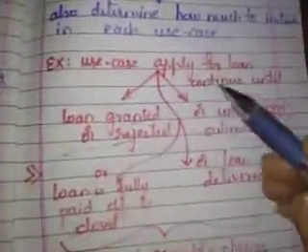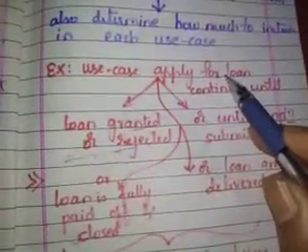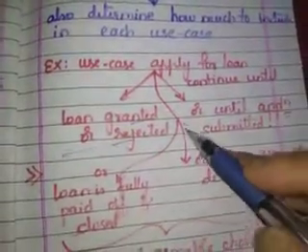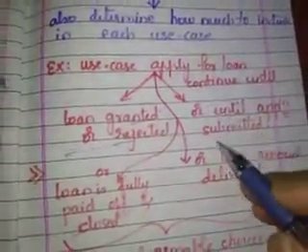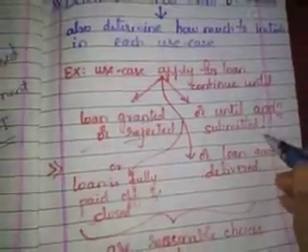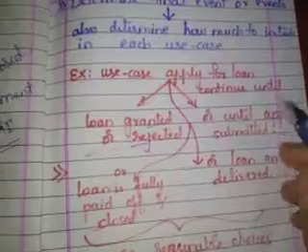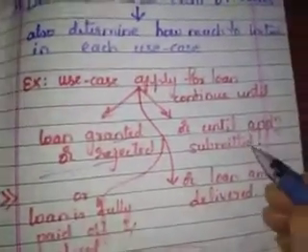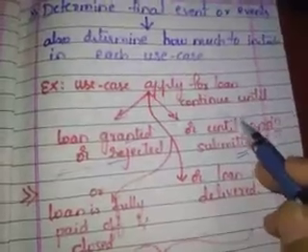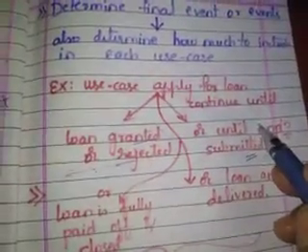Next one is applying for the loan. Say you include only till the application is submitted. That is, the user fills one application form and submits it to the bank manager and it is done. In such a case, submission is the final event, and requesting the loan is the initial event.